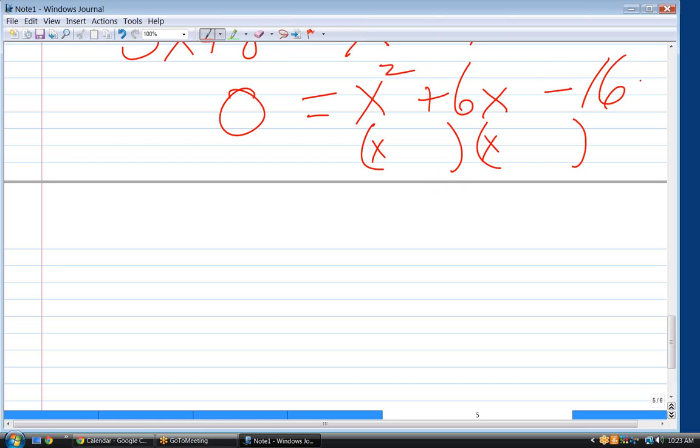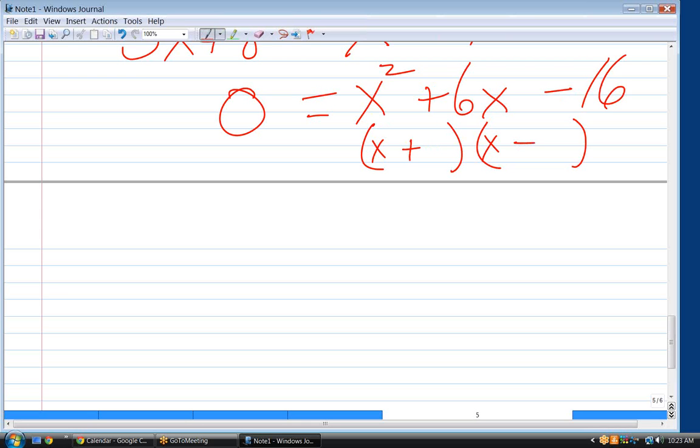The only way you get a negative 16 is if you have a plus times a minus, or a minus times a plus. You can't produce negative 16 if these signs are both the same. It would always be positive. So the moment you see a negative attached to the constant, that's step 2. Okay? Now what?